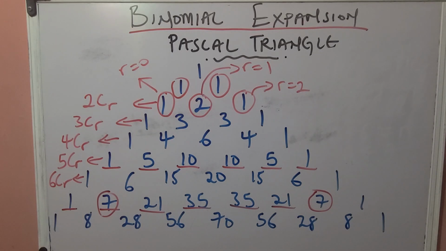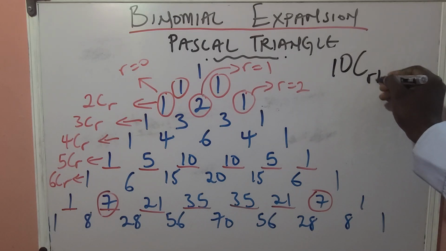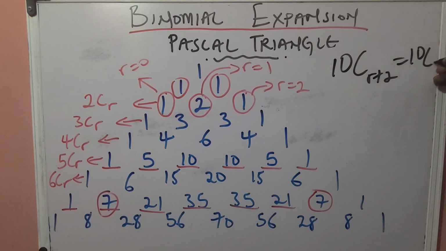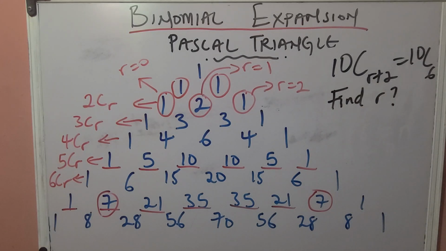Look at this particular question. You were told that 10 combination R plus 2 was equal to 10 combination 6, and you are told to find R. How do you solve for this? Of course, you have to have the knowledge of Pascal triangle.